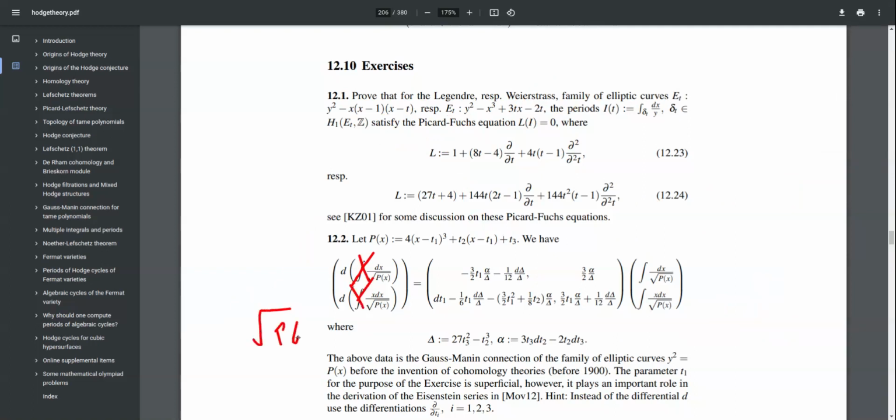Here put p(x), just y, and here put the tensor sign, remove the integral, and that is the Gauss-Manin connection in the sense of Gauss. I hope you enjoyed this video.